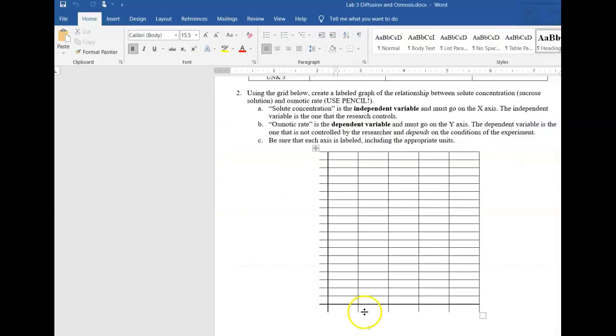So if I were going to graph it, this would mark the distilled water, so 0% sucrose. It would depend on how I make my scale here, but I would just mark the area where the 0.08 matches the 0% sucrose. So, that's pretty much what you have to do here. Hopefully this helps.